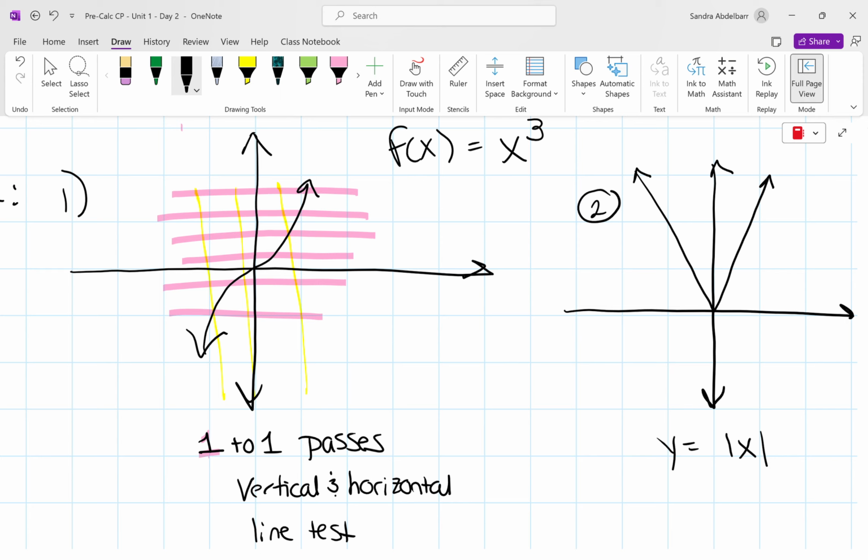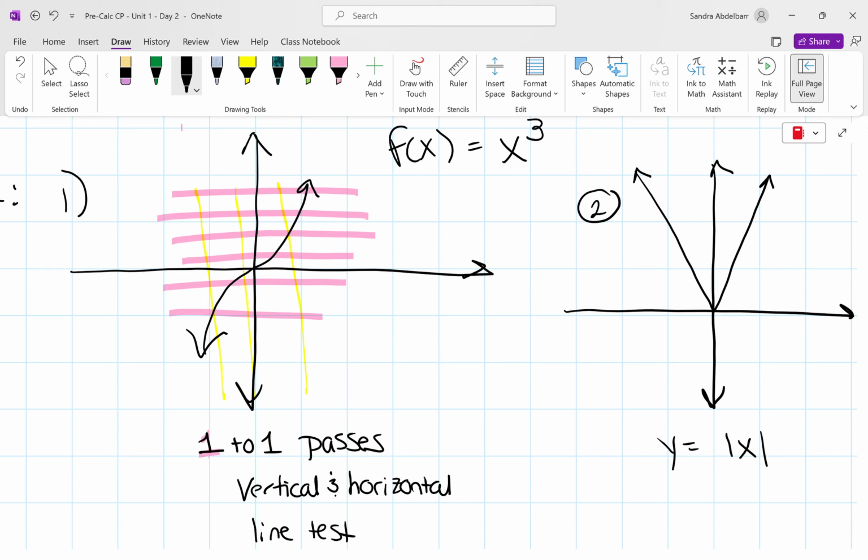All right, so this is the equation of y equals the absolute value of x. Okay, so first question, is it a function? Does it pass the vertical line test?